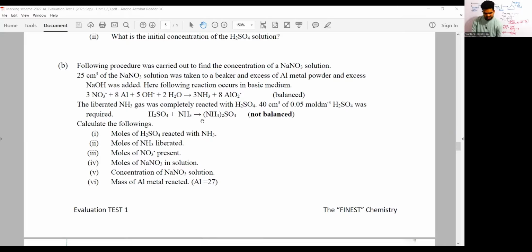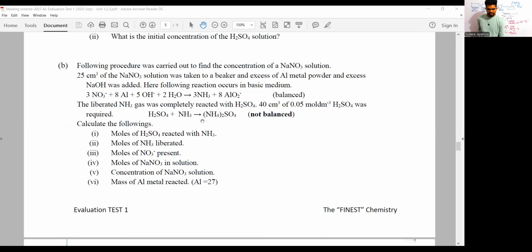First it is asking the sulfuric moles. Then ammonia moles liberated. Balance and show. And then nitrate moles is equal to that value. Then moles of NaNO3 is also equal to the nitrate moles. Then you can find the concentration of nitrate by dividing by that 25 cubic centimeters.